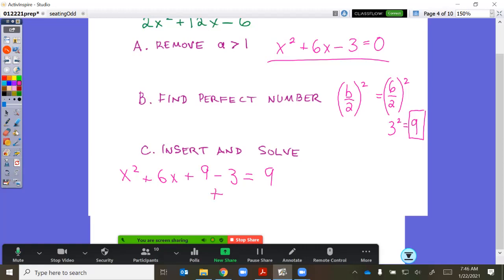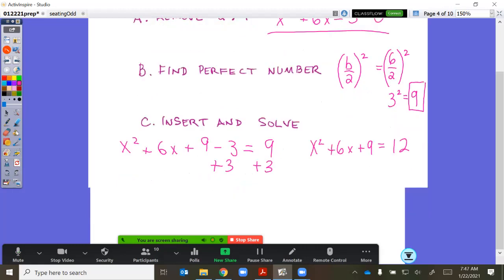And then I don't want that 3 here, so I invite it to leave, and I get x squared plus 6x plus 9 is equal to 12. I don't really care what's on the right side. It used to be 0, now it's 12. That's fine, whatever. The main thing is I have a perfect square on the left side.